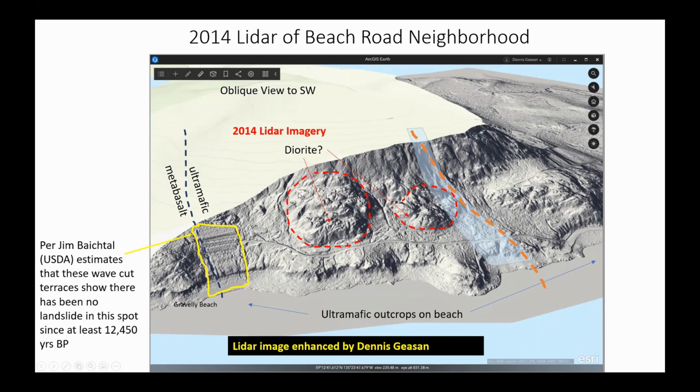Diorite breaks up, it fractures, but it's pretty tough stuff. So it tends to stick up higher than surrounding rocks. The rest of this is pretty much ultramafics. If you walk the beach, that's all ultramafics all along, except where there's no rocks, like there had been no rocks here and here on the beaches.